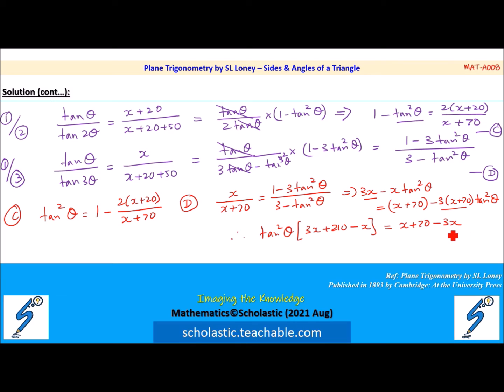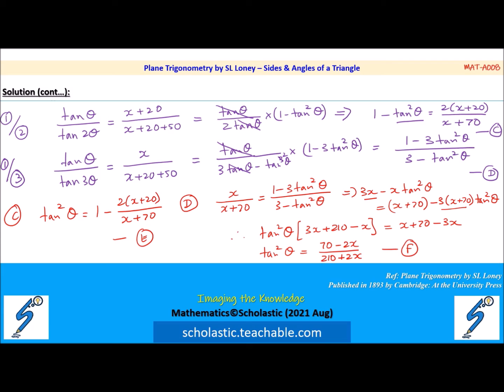So we get tan square theta is equal to (70 minus 2x) divided by (210 plus 2x). We call this equation E, and the earlier one equation F.